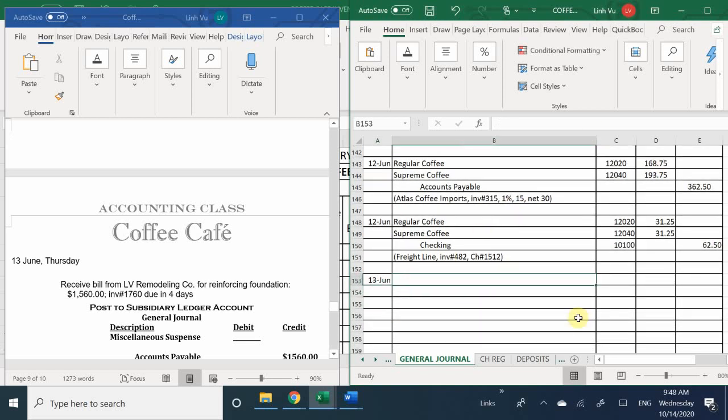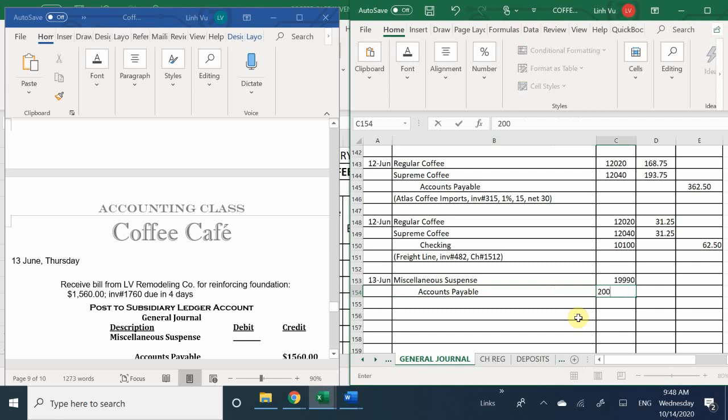Miscellaneous suspense. Exactly, miscellaneous suspense. And am I paying them now? No, accounts payable. No, we're going to owe them later. So miscellaneous suspense, okay, we know that's account 19,990. And we know that we're going to place this on accounts payable, 20,000. We're not going to pay it now. We are going to pay them later.